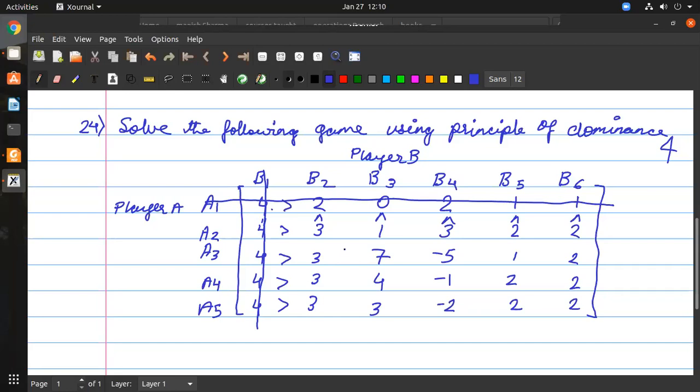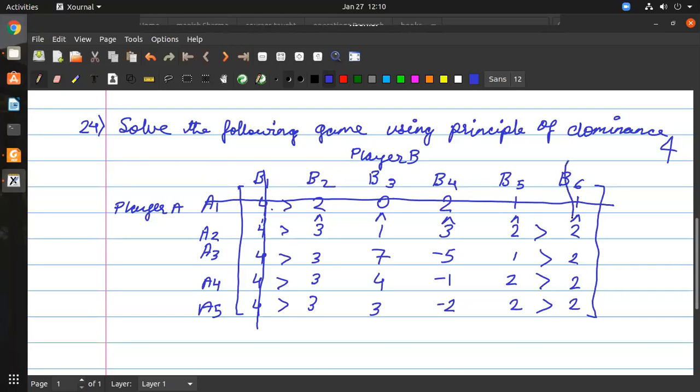Similarly, if you see this strategy, B6 is always greater than B5. Is it or not? Yes, sir. B6 is always greater than B5.